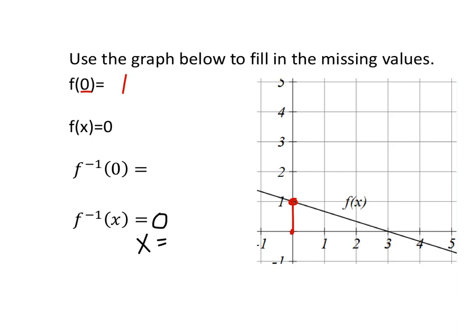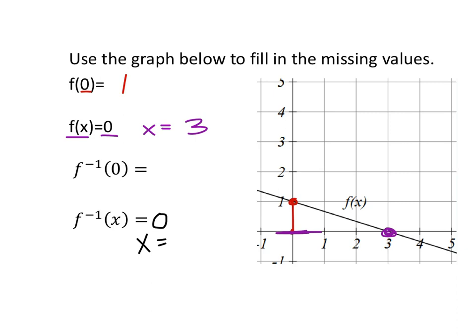Not too bad. We've seen that before. Then we've got y is 0. What is x when f of x is 0? So that's the y value that's 0. That's going to be on the x-axis right there, and that's going to be 3.